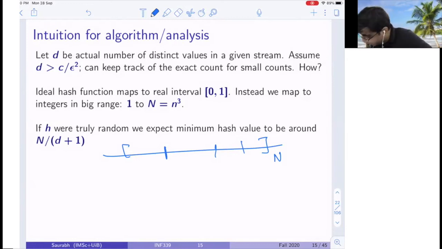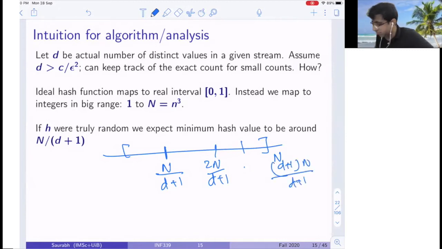So the first will be n over d plus 1, then 2n over d plus 1, and so on, up to d plus 1 into n by d plus 1. So this is how it would have been done.